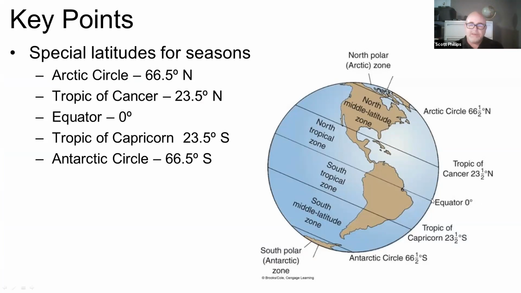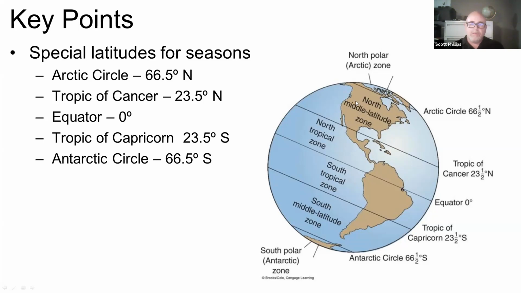The equator at 0 degrees, the Tropic of Cancer at 23.5 degrees north, the Tropic of Capricorn in the south, 23.5 degrees south, the Arctic Circle at 66.5 degrees north, and the Antarctic Circle at 66.5 degrees south. Because those create these different zones. We have the tropics here between the Tropic of Cancer and the Tropic of Capricorn.